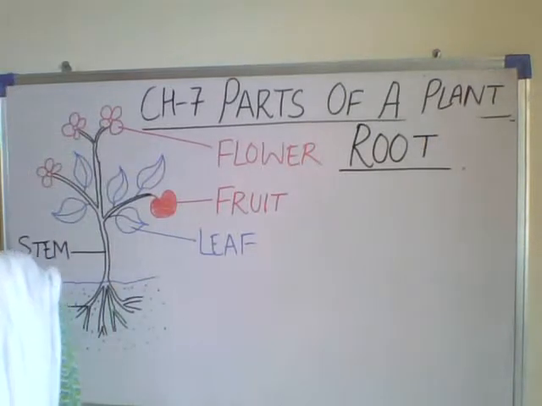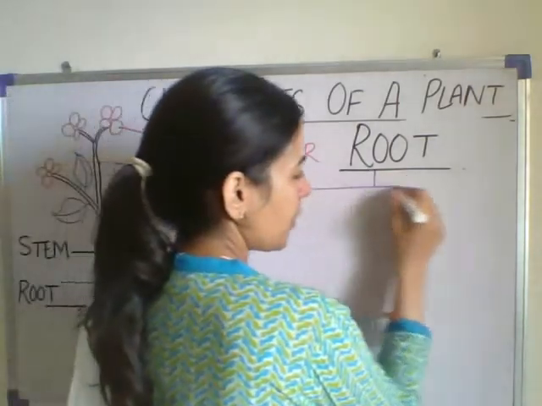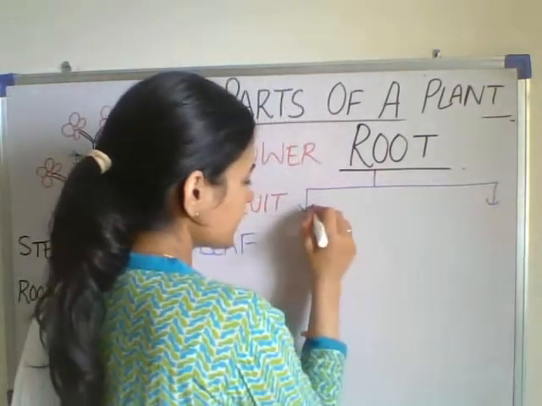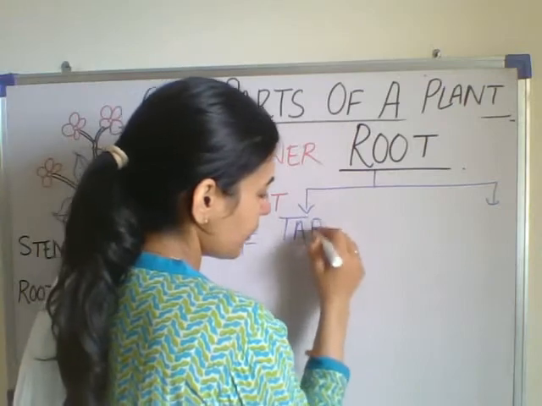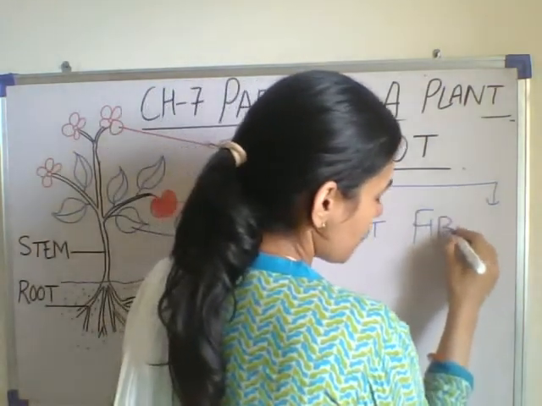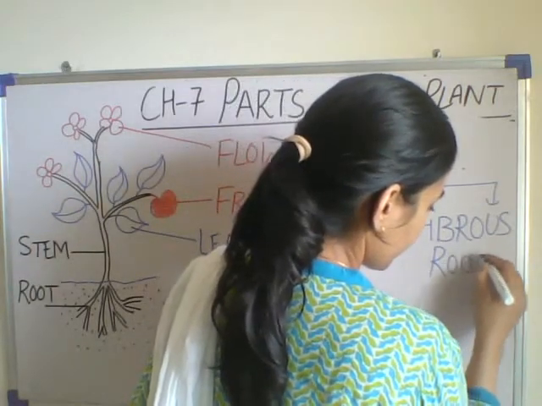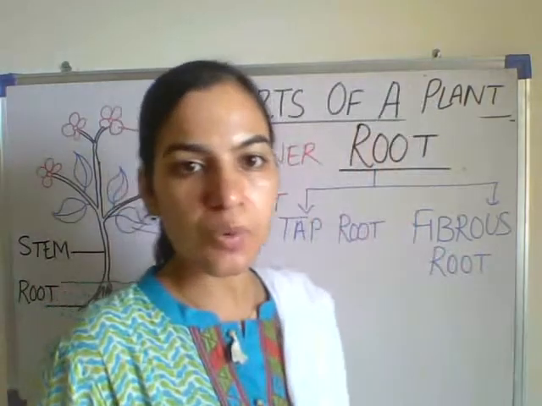There are two types of root, taproot and fibrous root.